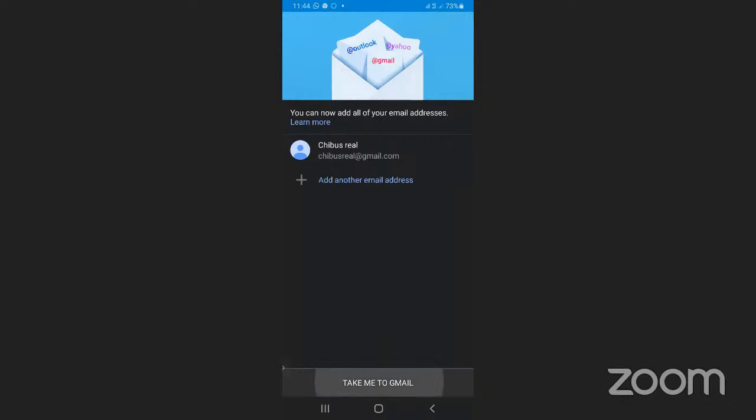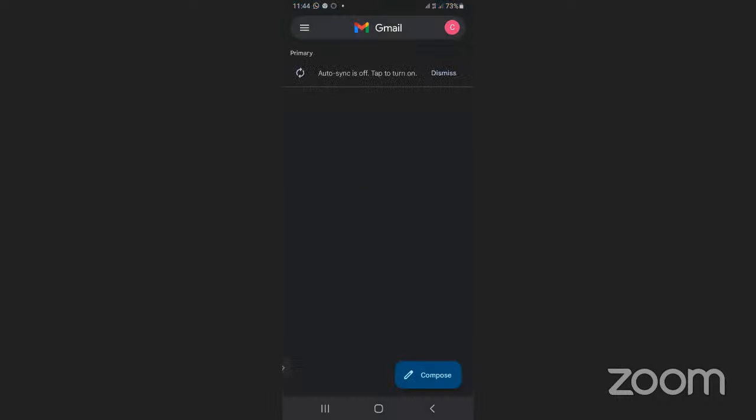It depends on how you configured your email settings. Now that place is writing compose. Click on primary, you see primary by the left there. Yeah. Okay.